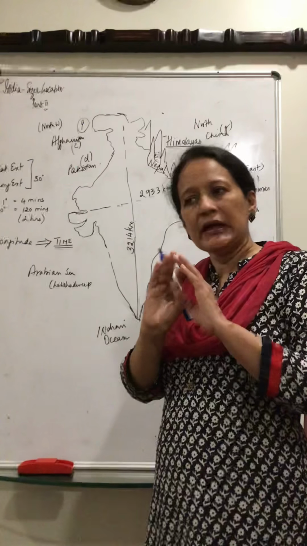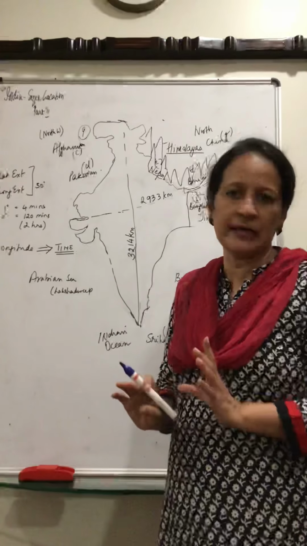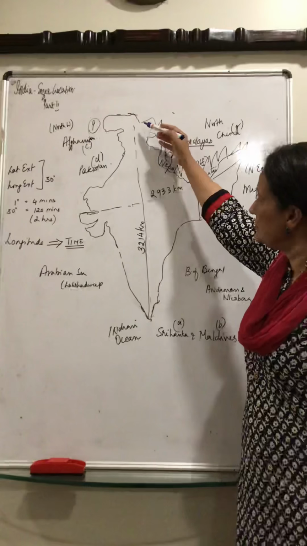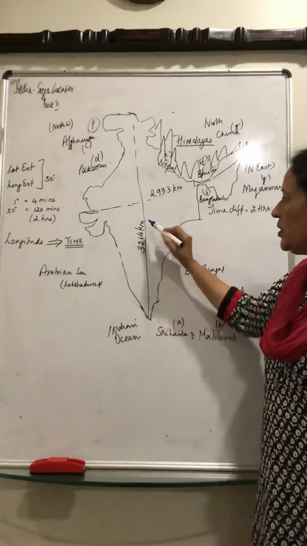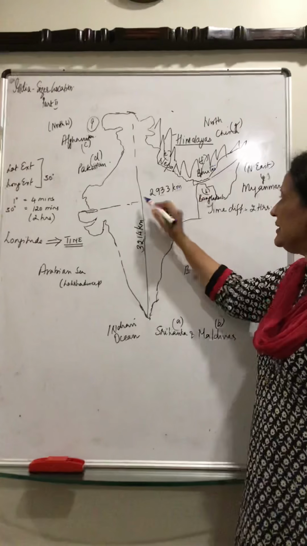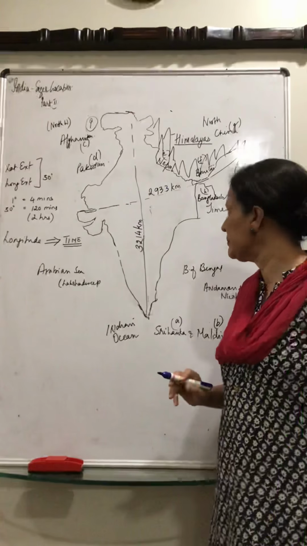So it is not exactly 30 accurately, but somewhere nearby. And if you see in kilometers, the distance between the northern and southern point is 3214 kilometers, and longitudinally, that is from west to east, it is 2933 kilometers.